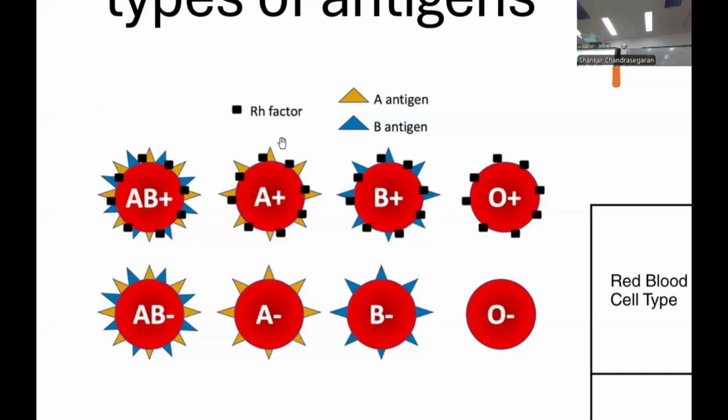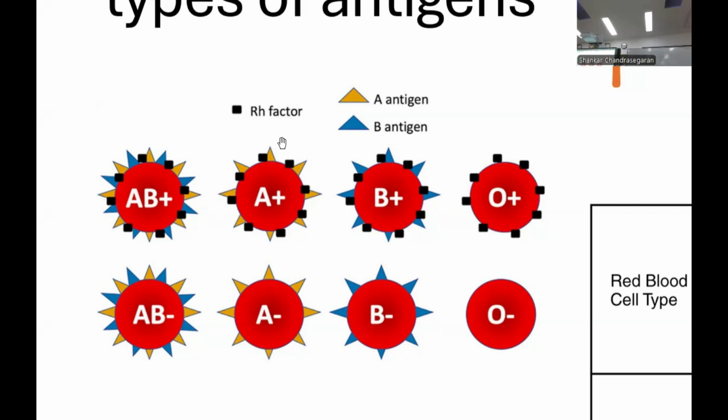The RH factor is one group and the A and B antigens are another group, because A and B will determine what letter it has, whether it has both antigens, one of the antigens, or none of the antigens for the letters A and B. The RH factor is another type of antigen, and that determines whether it has the RH factor or not. Positive means that it has the RH factor, negative means that it doesn't. Does everyone make sense of this chart?